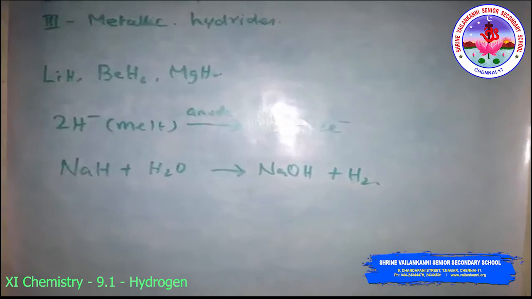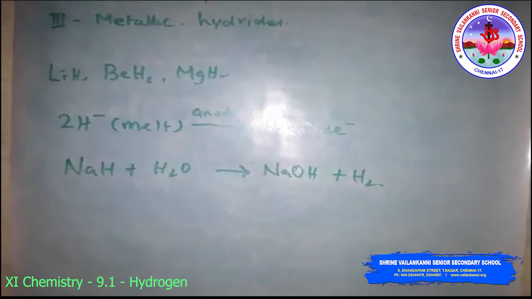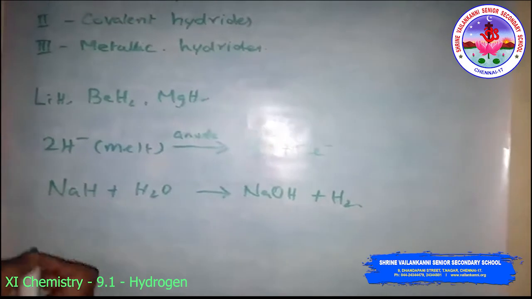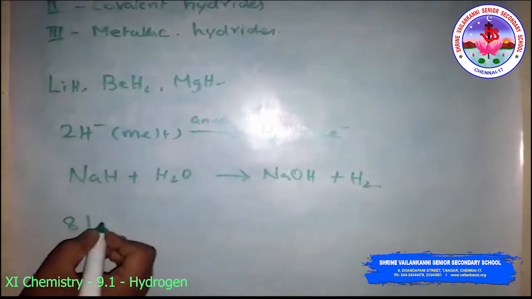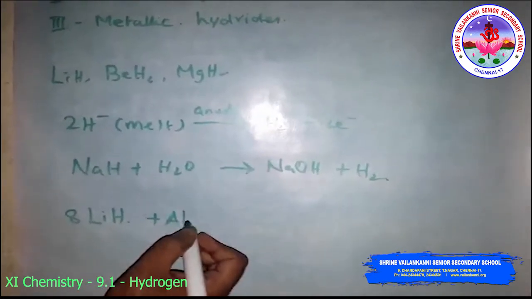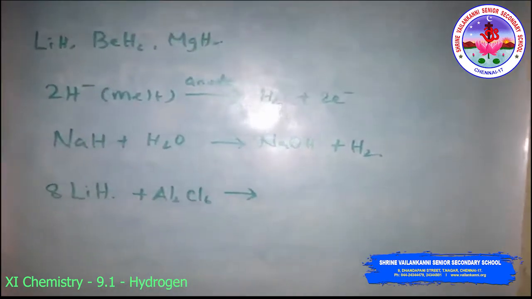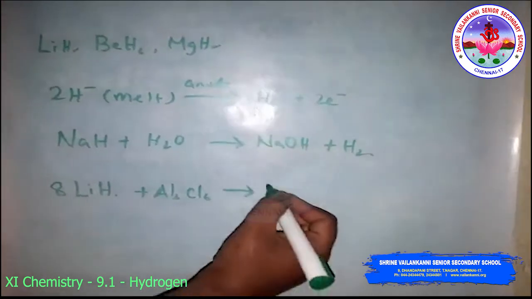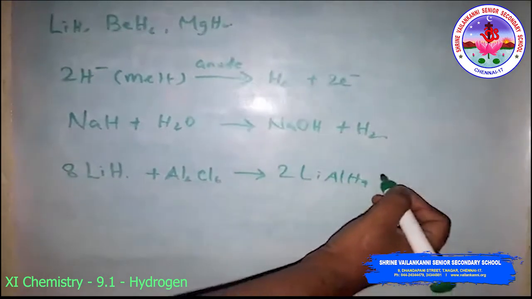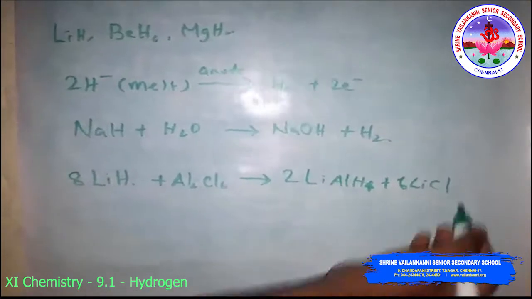Lithium hydride is rather unreactive at moderate temperature with oxygen or chlorine. It is therefore used in the synthesis of other useful hydrides. For example, lithium hydride reacts with aluminum chloride, the dimer form of AlCl3, to form lithium aluminum hydride and lithium chloride.